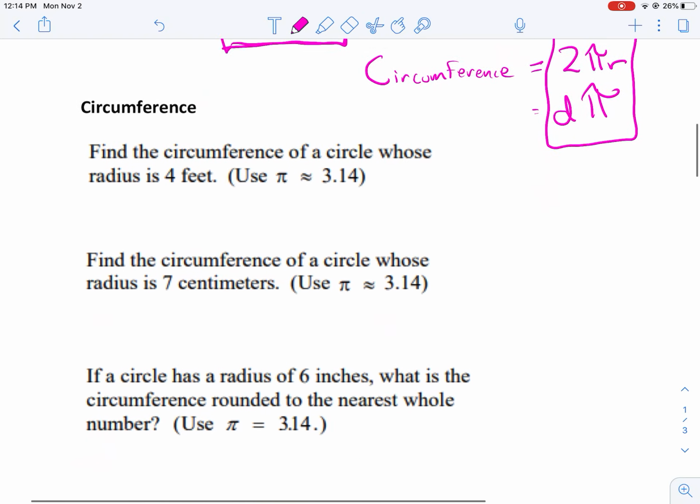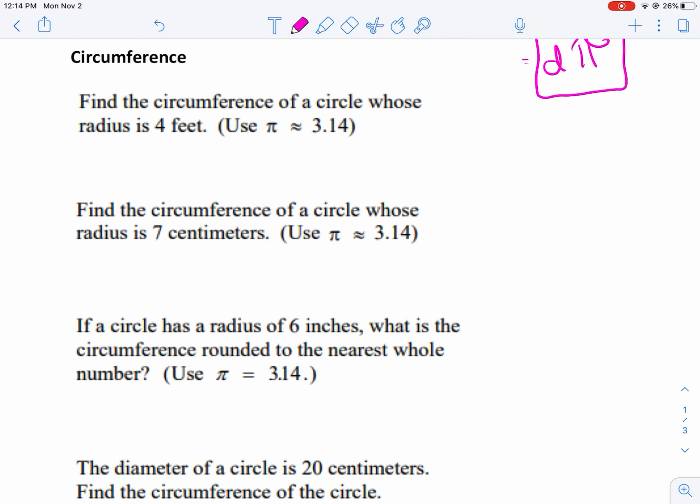All right, so the circumference. Find the circumference of a circle whose radius is 4. So here's our circle. There's our radius, and the radius is 4. In order to find the circumference, I go 2 times pi times the radius, which is 4.